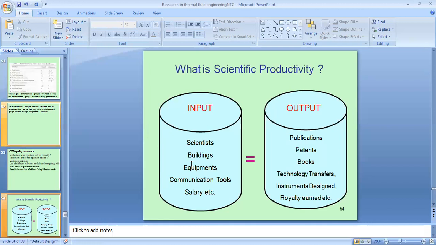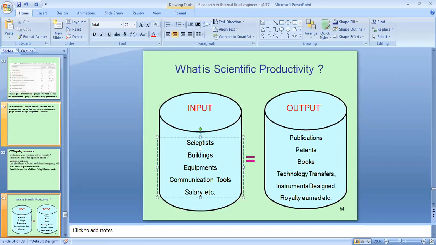Whenever we do any activity, we measure productivity, whether we are getting the right output or not. Same thing for research: we also measure scientific productivity.